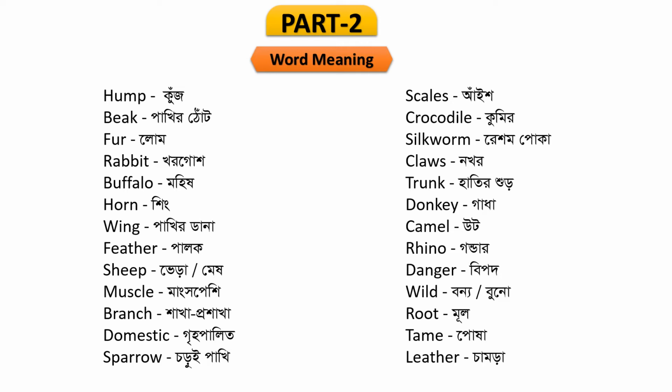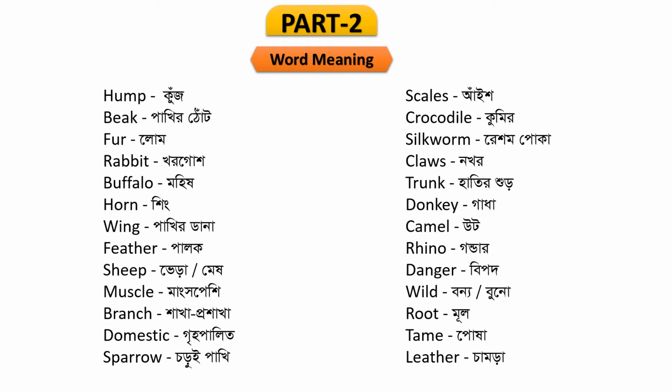Horn means shing. Wing means পাখির ডানা. Feather means পালক. Sheep means ভেড়া অথবা মেষ. Muscle means মাংসপেশি. Branch means শাখা প্রশাখা.